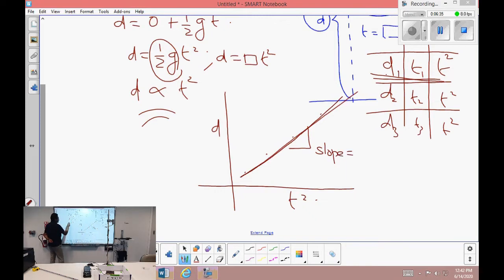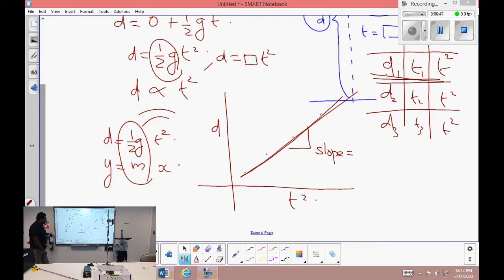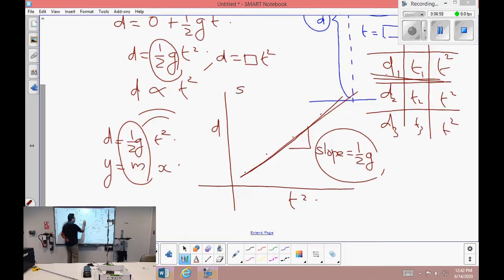This is the equation, right? d equals half g t square. I plot this on the y-axis and t square on the x-axis. So with y equal to mx, the slope is what? Half g. Or we can look at it this way, because we know that slope equals delta y by delta x, right?